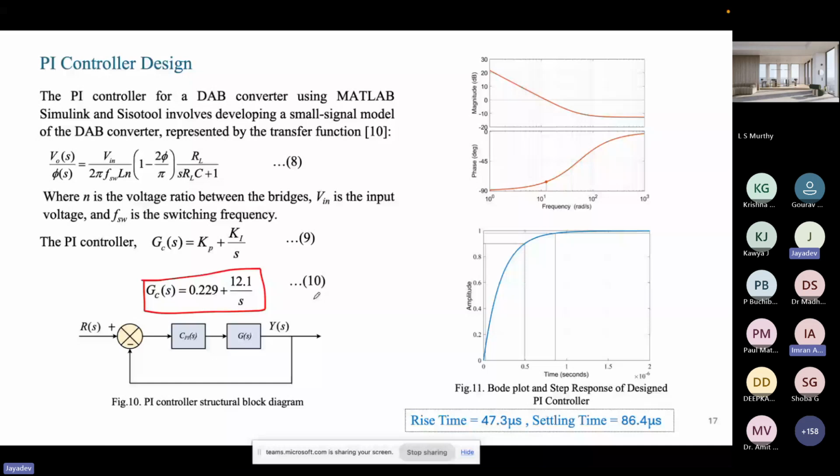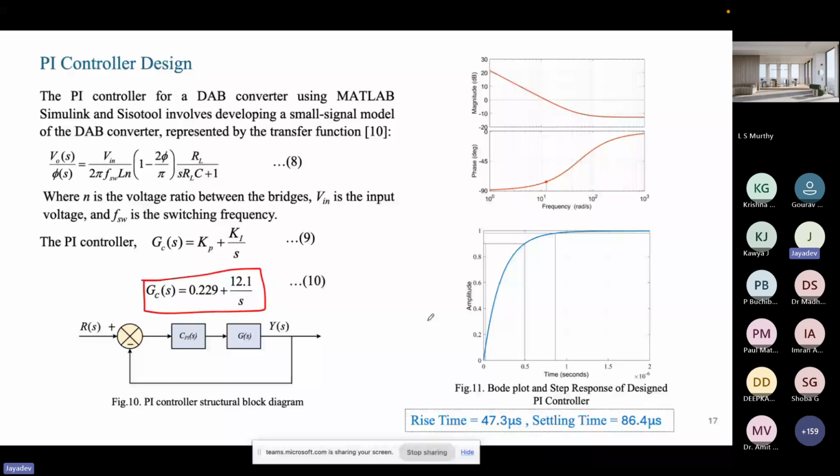You do not need to go for complex mathematics or trial and error tuning. With this, we have got the Bode plot and the step response.